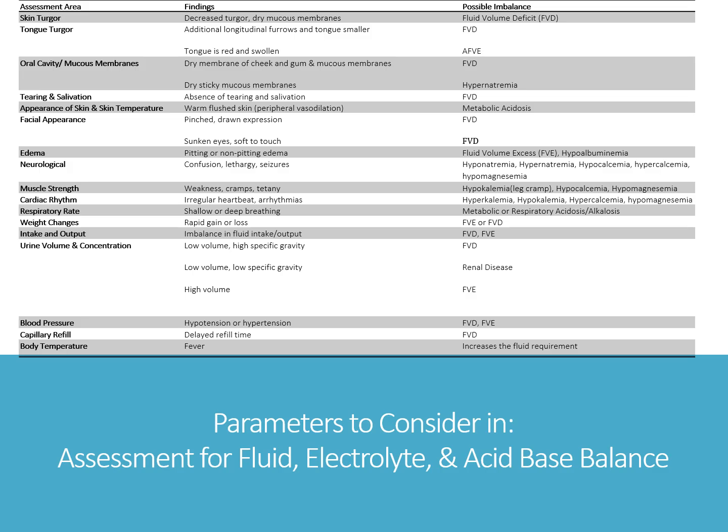This is a summary slide for assessment areas for fluid, electrolyte, and acid-base balance, and it also has the parameters to consider. For instance, skin turgor, the findings might be decreased turgor and dry mucous membranes, and that's going to indicate fluid volume deficit. Blood pressure, you can have hypotension or hypertension.